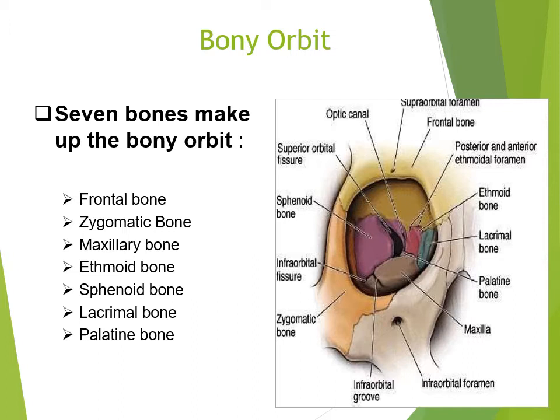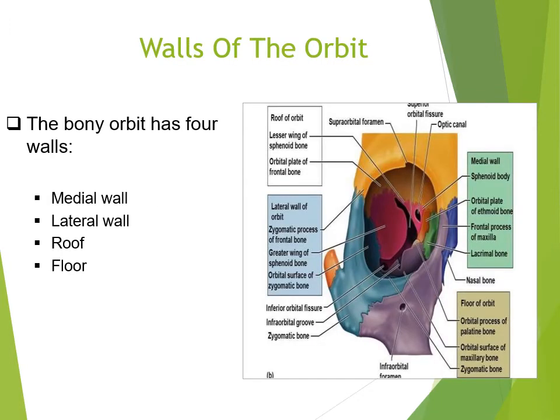There are 7 bones in the orbit. They are the frontal bone, then the zygomatic bone, then the lacrimal bones, then the maxillary bone, which is the bigger one, then the sphenoid bone, which you can make out internally, then the palatine bone.